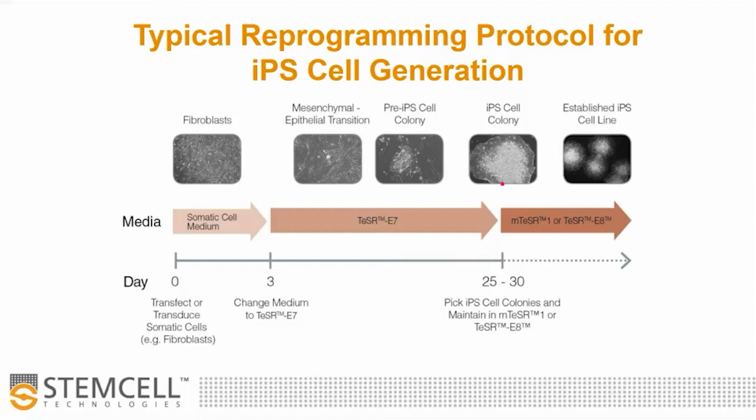And when you start to see that, it's time to manually pick those colonies and place them into mTeSR1, TeSR8, or other maintenance medium. And you would then clonally expand those cell lines to establish an iPSC cell line. So that was our classical historical first reprogramming protocol for fibroblasts.